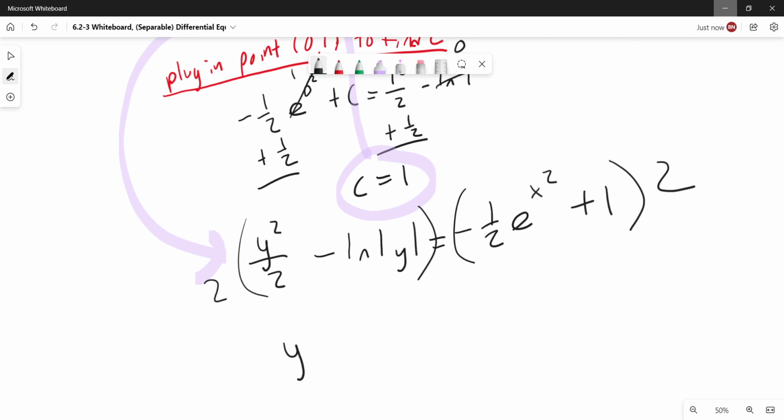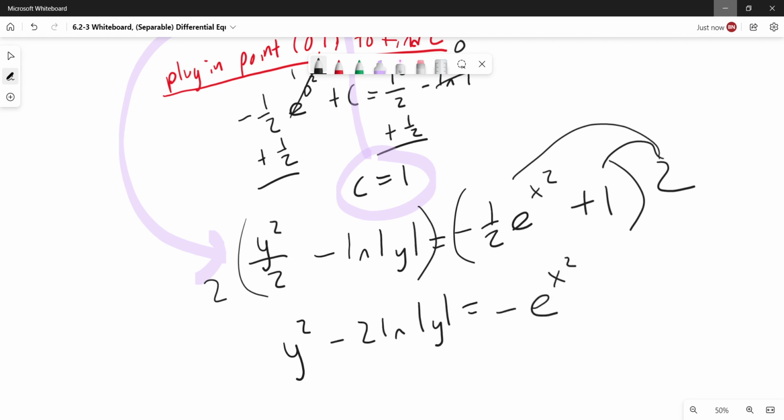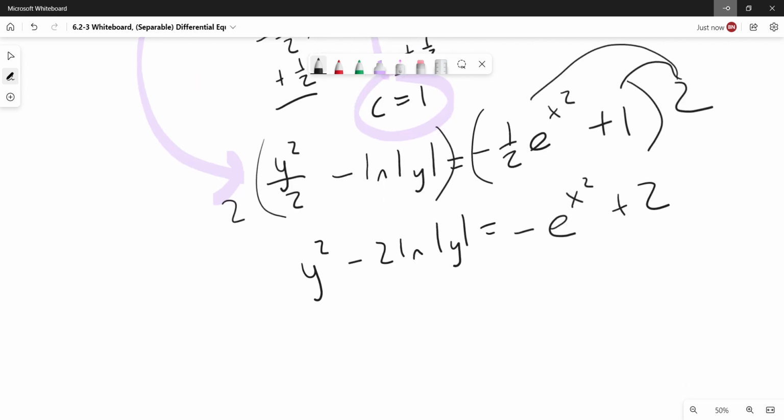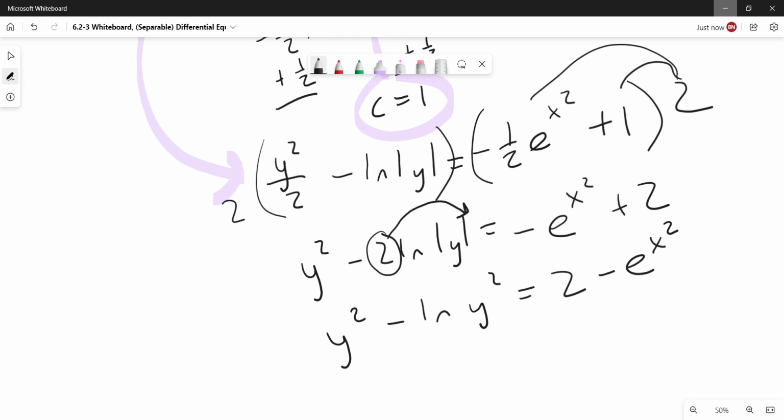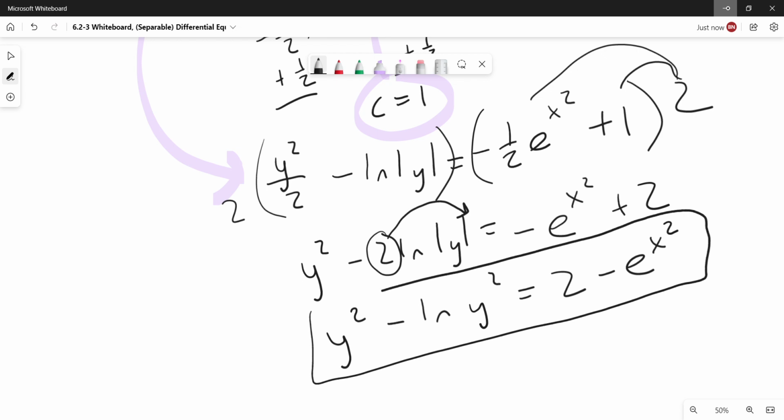So then they have y squared minus 2 ln absolute value of y equals, let me distribute this, negative 2 times 1/2 is just 1, e to the x squared plus 2. And then they do this little trickery thing and bring that 2 up there. If you're squaring the absolute value of y, it's the same thing as y squared. So then they have y squared minus ln y squared equals, and they probably write it like this, don't they? Because of course they would. Oh, they write it weird. They get a 2 on one side. Doesn't matter. This is fine.